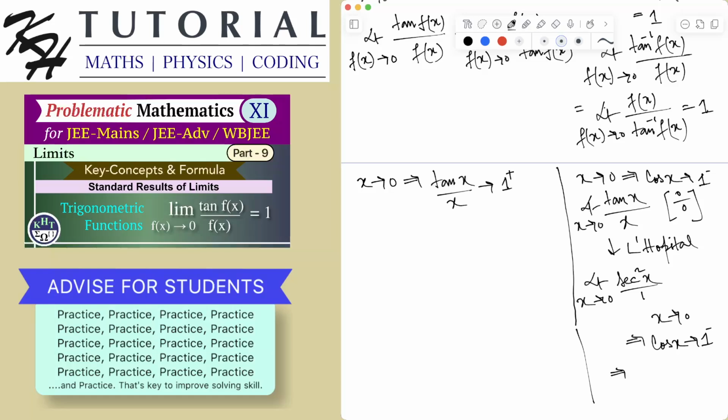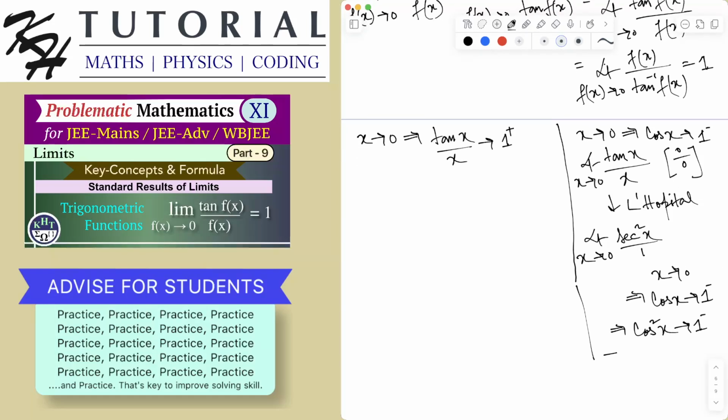This implies that cos square x will also tend to 1 negative, that is it will be a little less than 1. But then if I take the reciprocal, 1 by cos square x will tend to 1 positive. This implies that sec square x will tend to 1 positive. So we see that when x tending to 0, sec square x is tending to 1 positive.